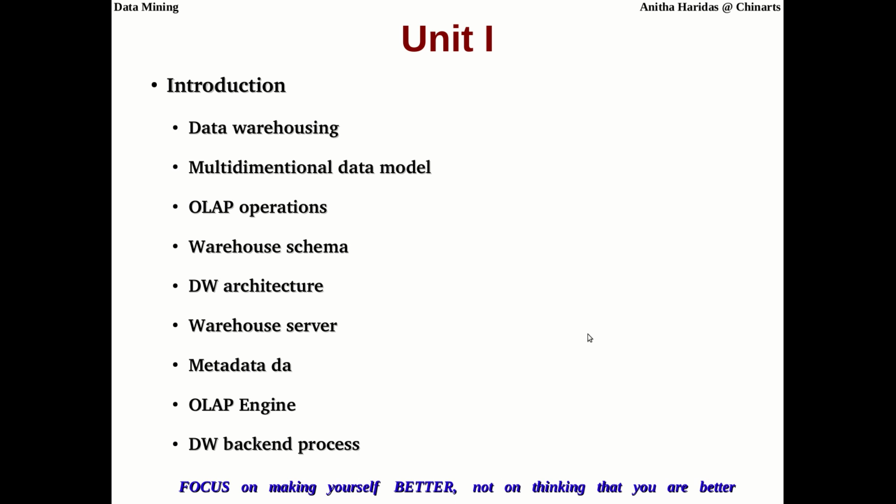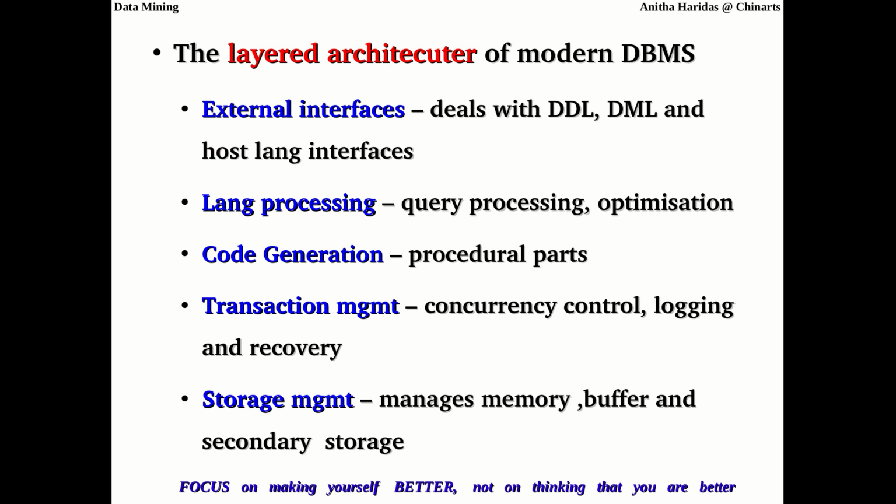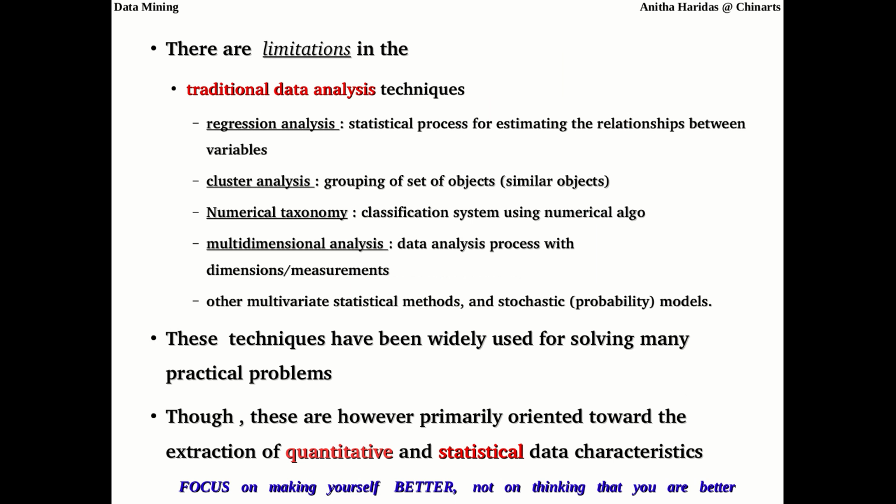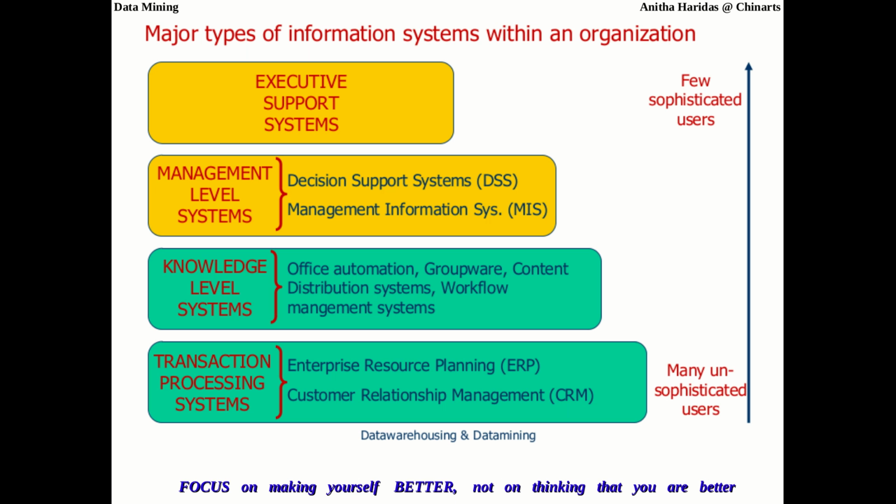So in our data warehousing and data mining paper, in the first module, we were talking about the introduction to data warehousing. We discussed all these concepts, what is the evolution of database models available.